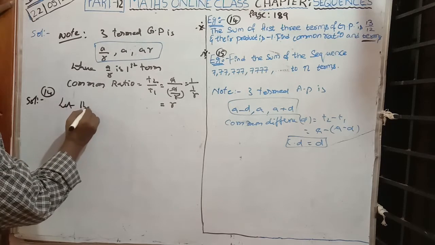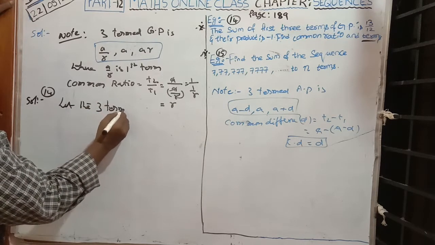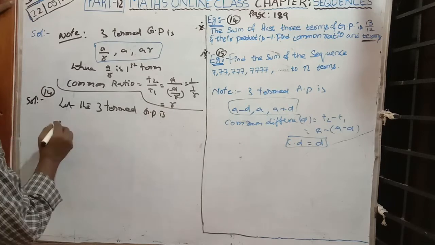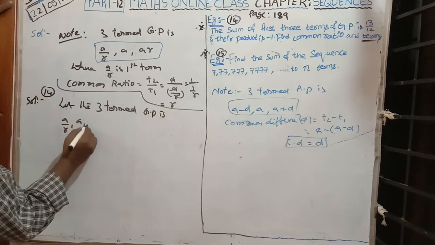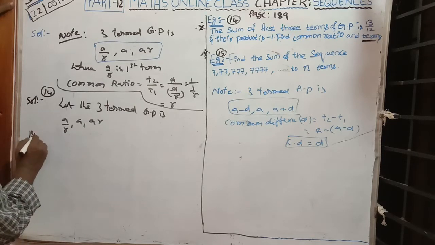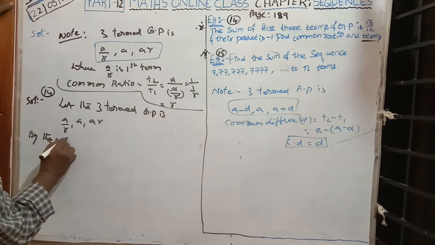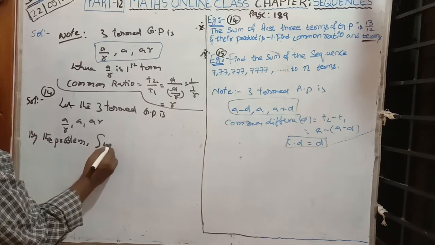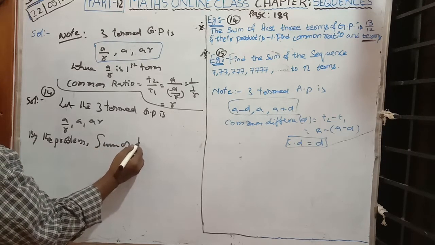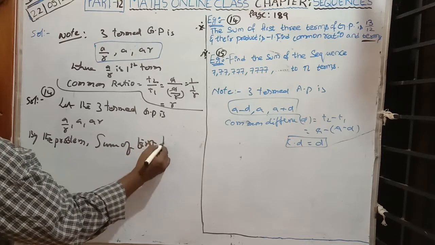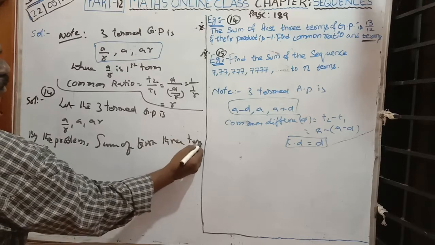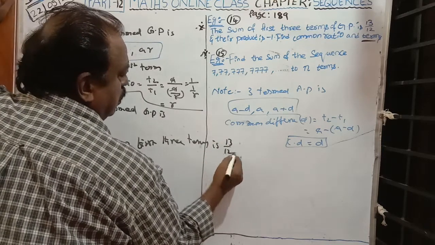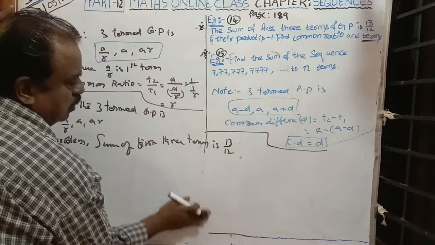Let the 3-termed GP be A by R, comma, A, comma, AR. By the problem, the sum of the first 3 terms is 13 by 12.